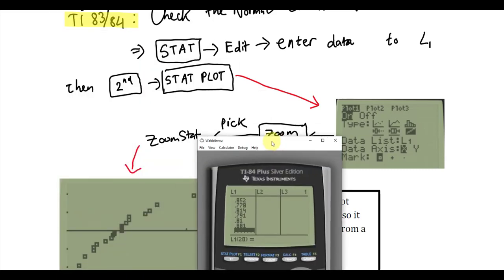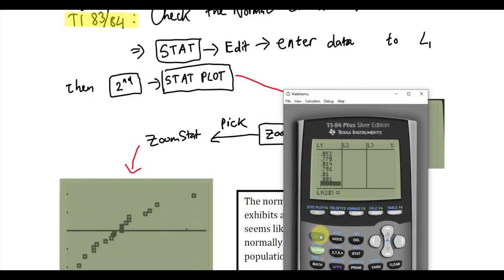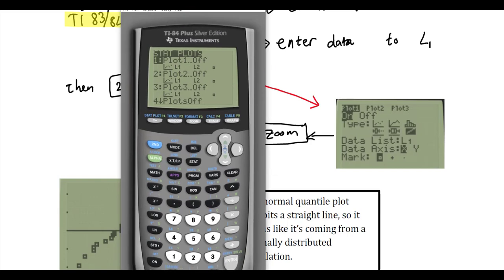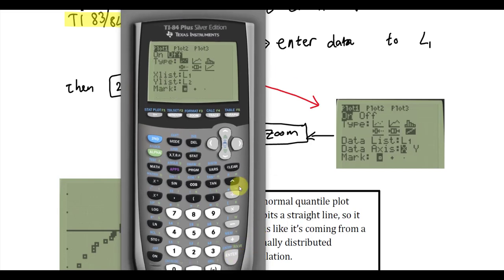So let's go ahead and follow this direction here. We're going to go to second stat plot, and then let's turn on plot number 1 so that we can use it. Alright, so I'm going to hit enter, make sure you turn it on, and then you're going to choose the last option, which is the normal probability plot.